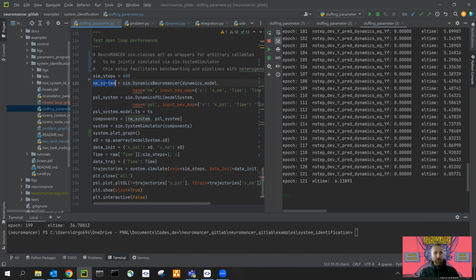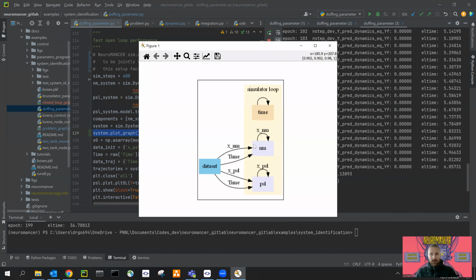I'm not going to go into the details of the simulators in NeuroMANCER. There will be a separate tutorial, but essentially what happens is that we are creating a separate computational graph that takes the data set, does the rollout on our NeuroMANCER digital twin and on a ground truth model, and it allows us to compare these trajectories.